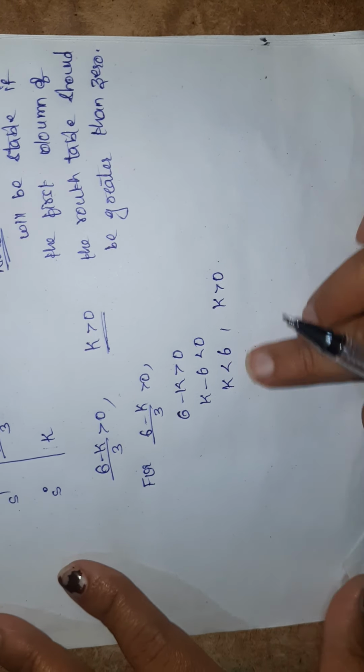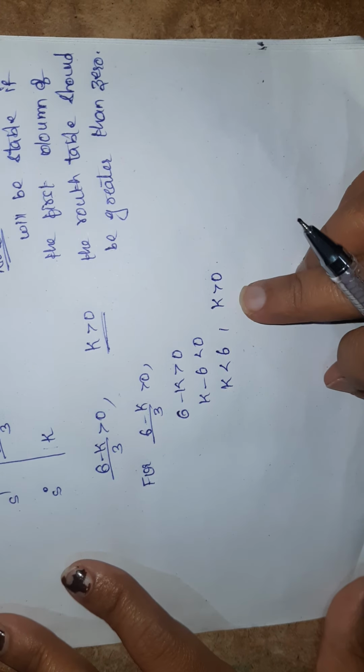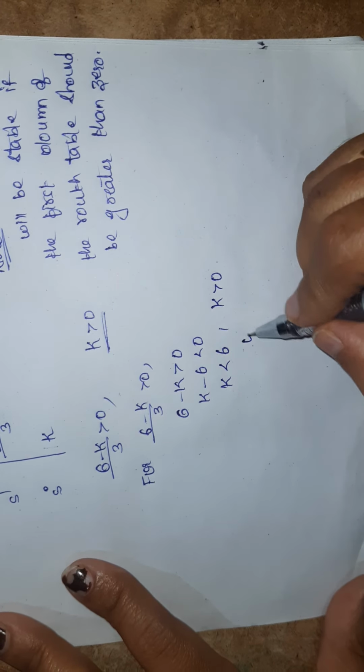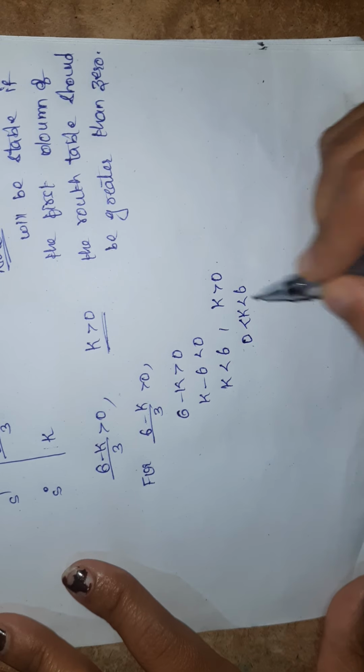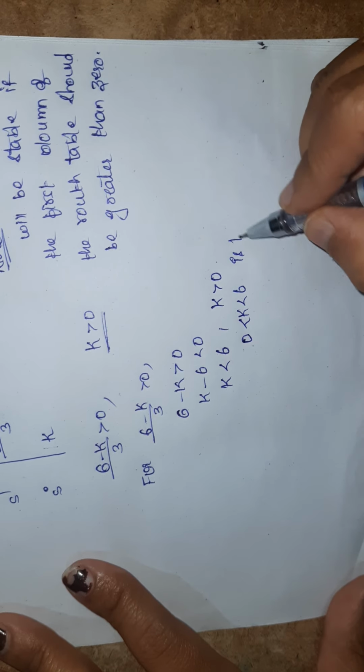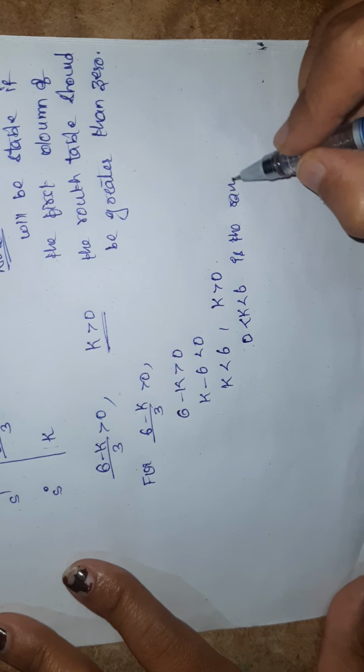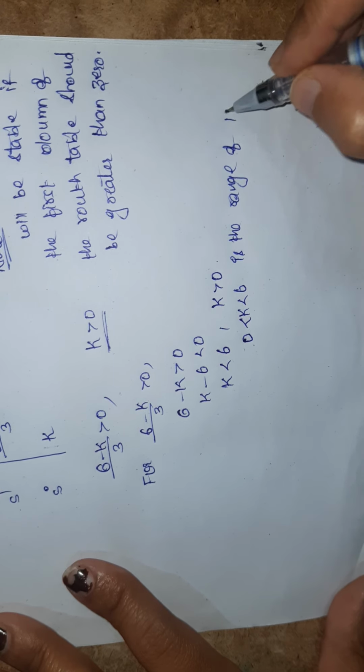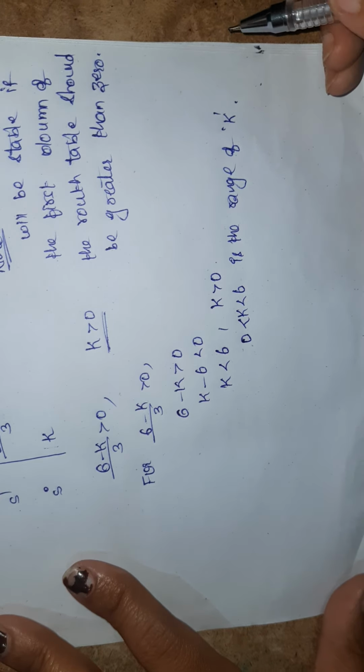Okay. So this is the range of K. K should be greater than 0 but less than 6. 0 < K < 6 is the range of K. Okay.